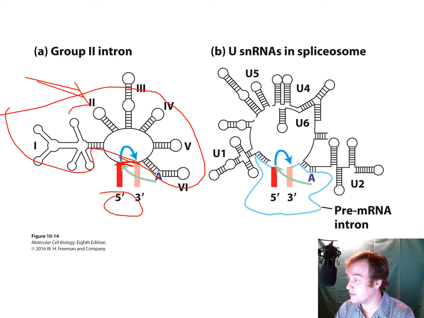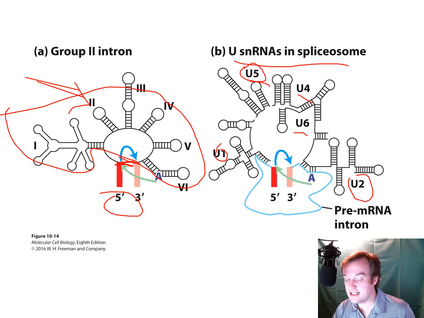Now, if you were to line up the RNA from those RNPs, you can see that the combination of all of these, U1, U2s over here, and then 4, 5, and 6, if you were to line these up, they look pretty similar to the group 2 introns, the self-splicing introns.